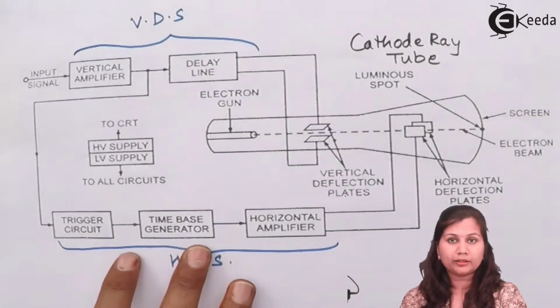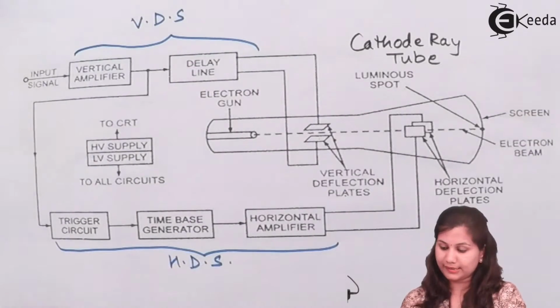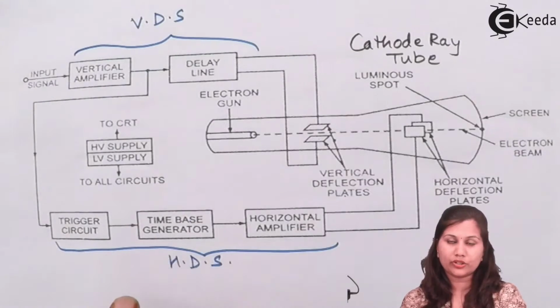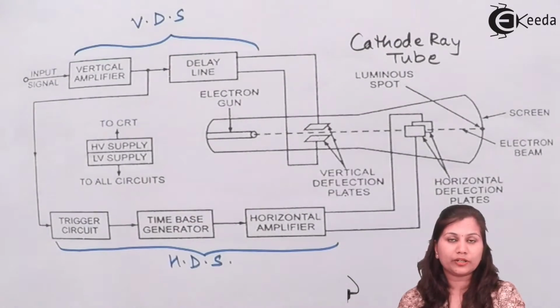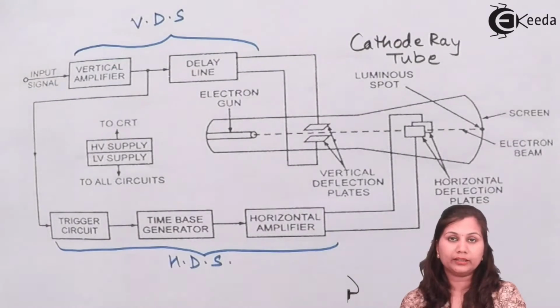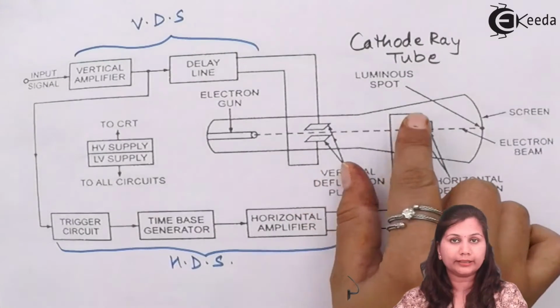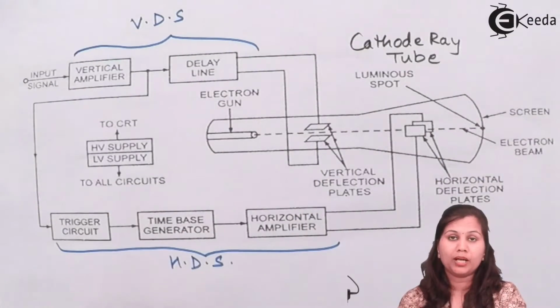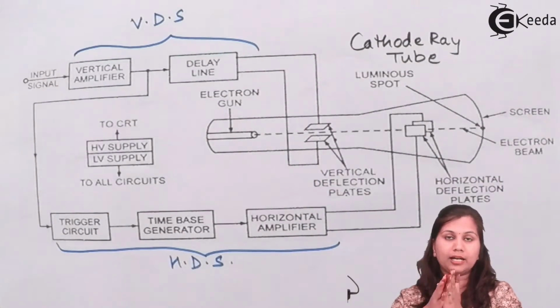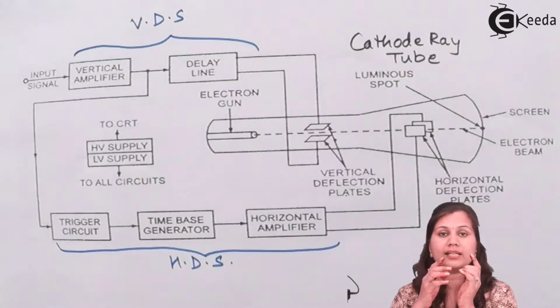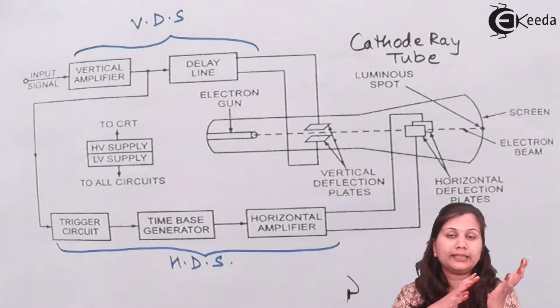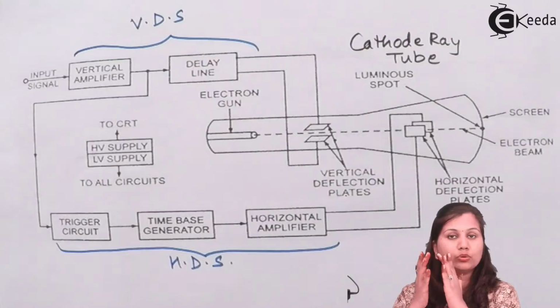Now the next part of the horizontal deflection system is the time-based generator. This time-based generator is going to generate the ramp voltage, the internal ramp voltage, which is provided as the horizontal input to the CRO. Because we know that in the CRO, the input signal is plotted with respect to time.